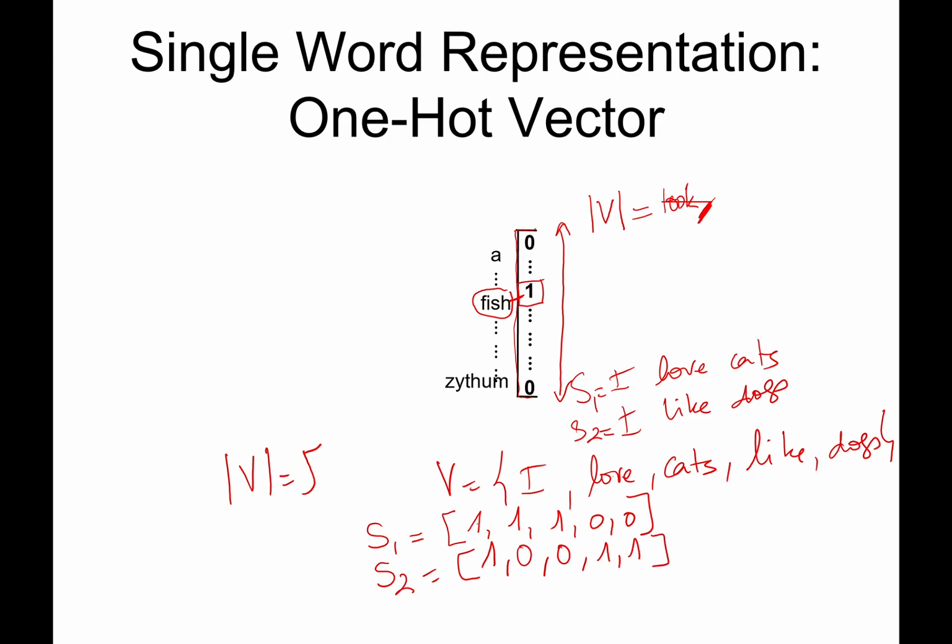Okay, so let's say that you are using this actually for training. Now you come to test, and your test sentence ST is I love horses. All right, so your ST is going to be represented something like I love, which is 1, 1, and then the rest will be 0.